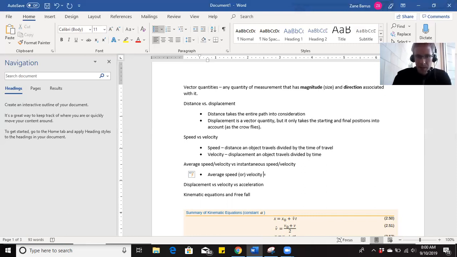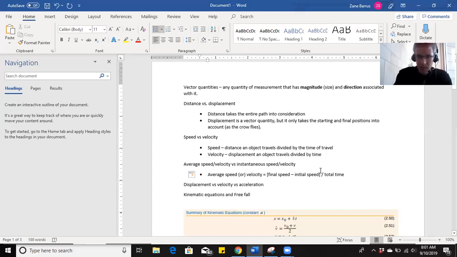If I want to figure my average speed, I'm going to take my final speed minus my initial speed, and I'm going to take that difference and divide it by my total time.